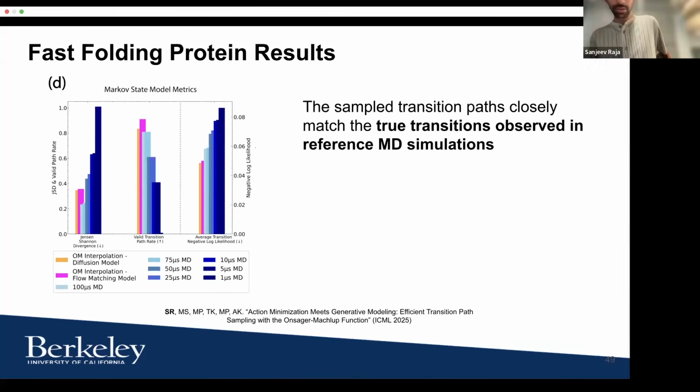A couple of things. Is your question how we go from a Markov state model, a transition probability matrix, to a transition path? Or is it something else?